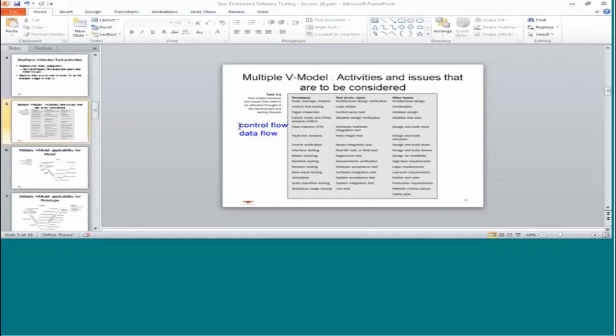Control flow is basically how the program is controlled. The embedded software product is controlled in terms of the logic flowing through the entire system. Data flow is how the parameters or the data flow throughout the structure.